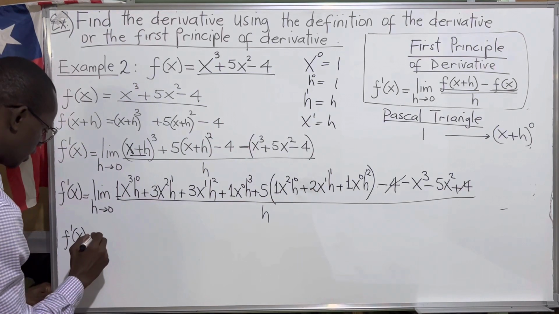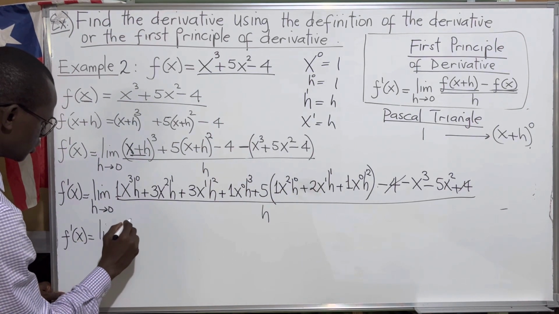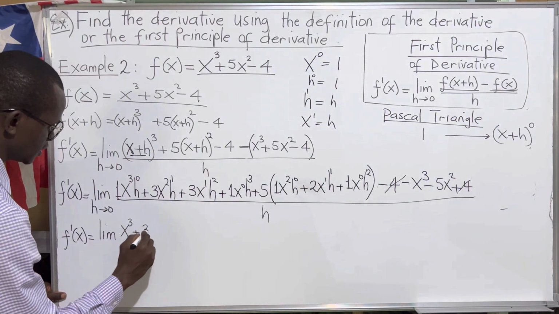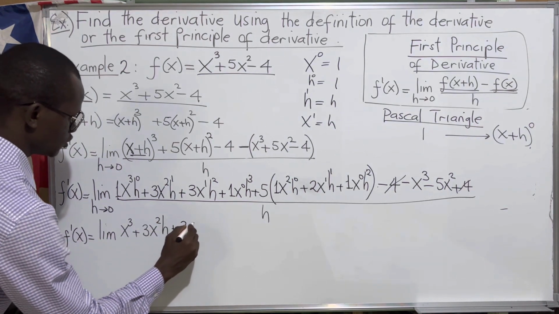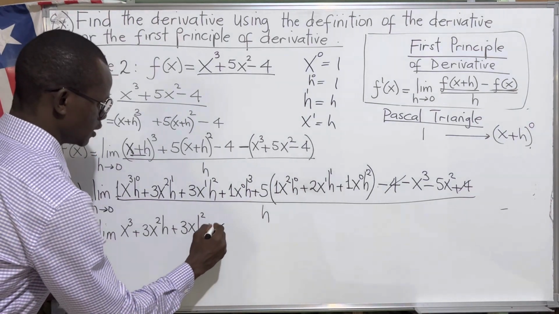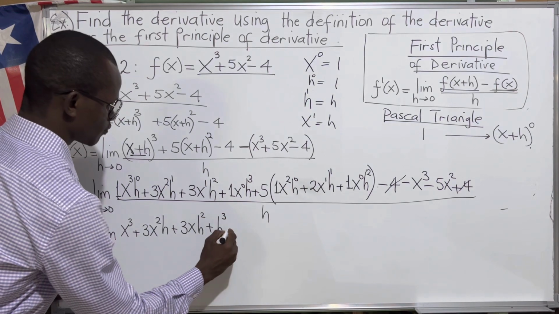So we can just rewrite some of these expressions. So we have x to the third, h to the 0 is 1. We don't bother ourselves writing it. x to the second h, 3x h squared, x to the power 0 is just 1, is h cubed.